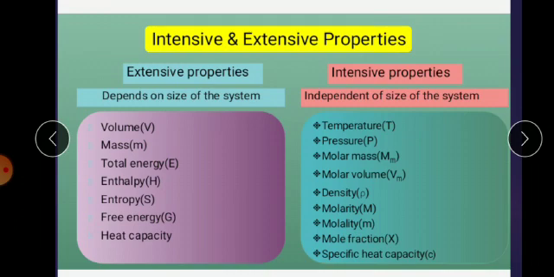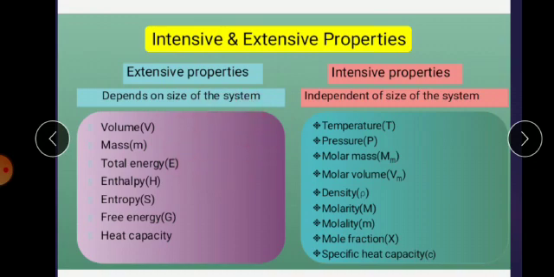Which is an extensive property, which is an intensive property? We use volume, the system volume, mass, total energy, enthalpy H, entropy S, and free energy G, as well as heat capacity. These variables are considered extensive properties. They depend on the size of the system. Suppose you are taking water in a tumbler or in a water can.